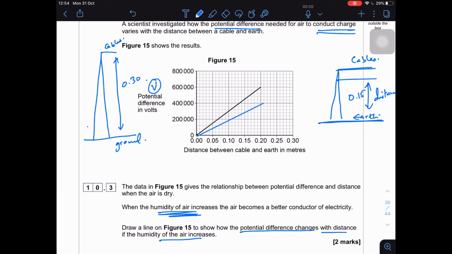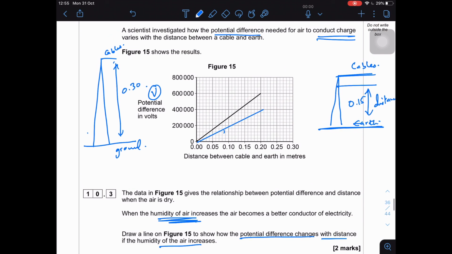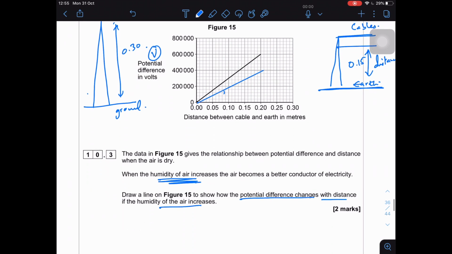Because you don't need a high potential energy, you don't need a high voltage to pass on this electricity. It will be just below the previous line, because humidity means water. The amount of water in air is called humidity. Because water is a good conductor of electricity, you don't need as high a voltage. So the line will be just below. Okay, just go through this one more time and have a think about this, because this question is a bit difficult and it really requires you to sit down and think. This is a 2 mark question.